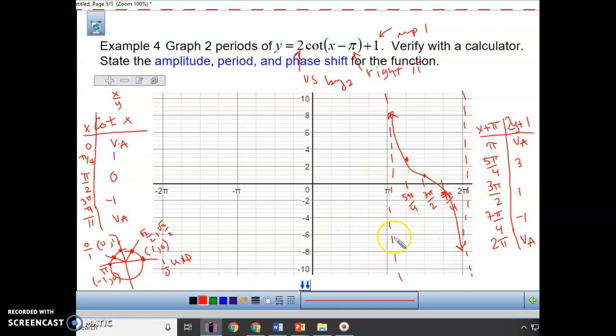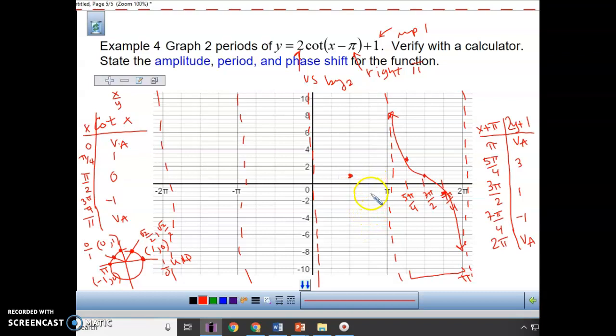So if I continue the same pattern, you'll notice that these vertical asymptotes are again pi units apart. So the next one will be at 0, and then from there negative pi and negative 2 pi. You'll take these points and simply transfer them over here directly in the middle. You're going to have a value at y equals 1.